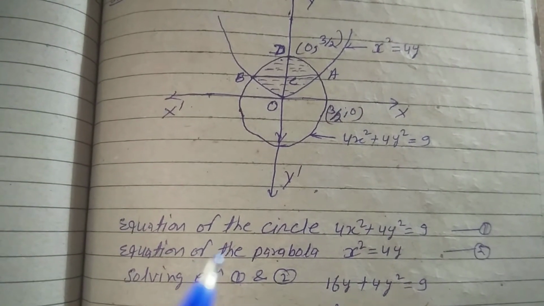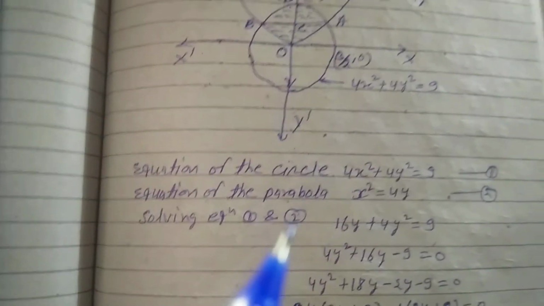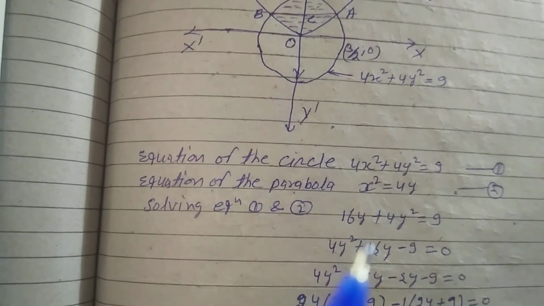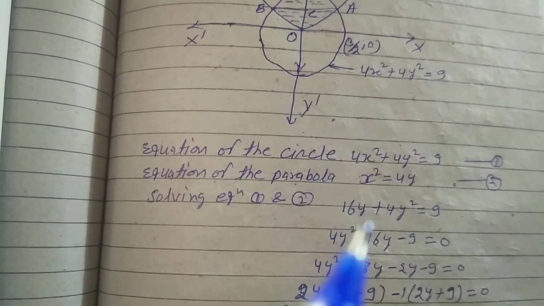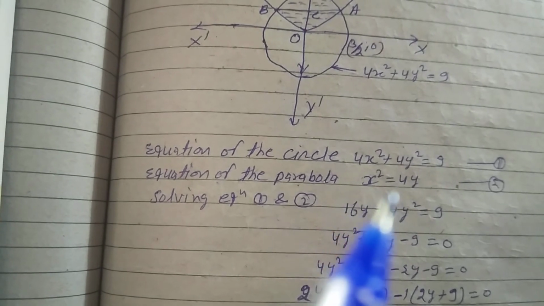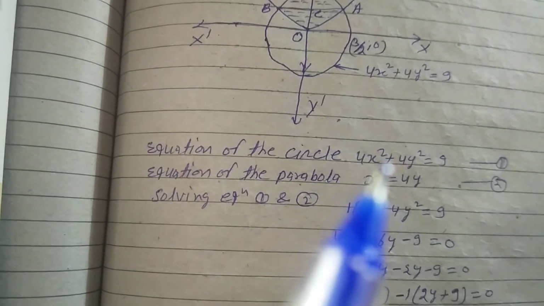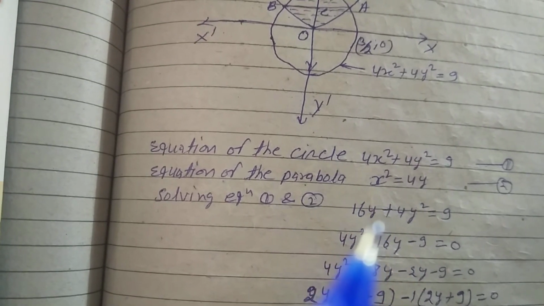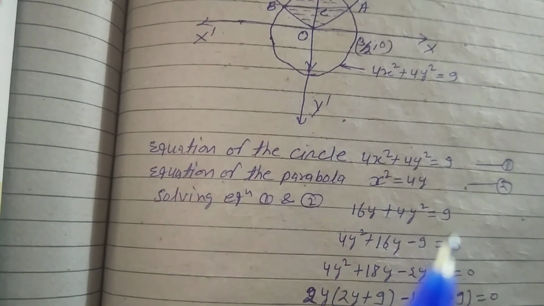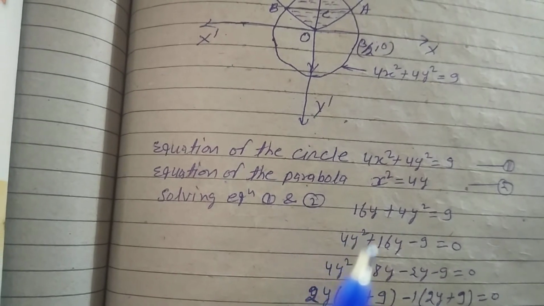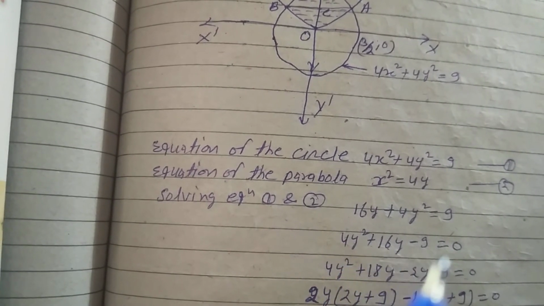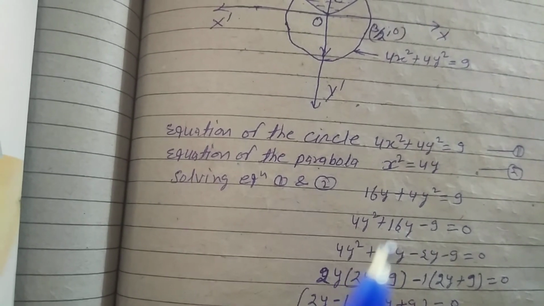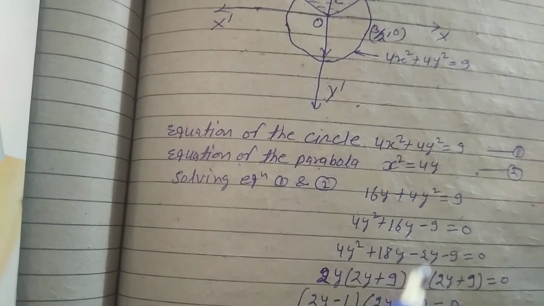Solving equations 1 and 2, find the intersection points of the parabola and the circle. So x² = 4y, put in equation 1. So 16y + 4y² = 9, that is 4y² + 16y - 9 = 0. Split the middle term 16y as 18y - 2y.